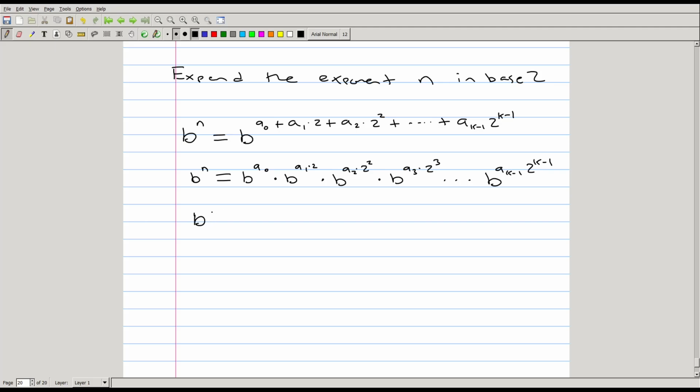Which is the same thing as b to the a naught times b squared to the a1 times b to the 2 squared to the a2, all the way to b to the power 2 to the k minus 1 to the power a k minus 1.